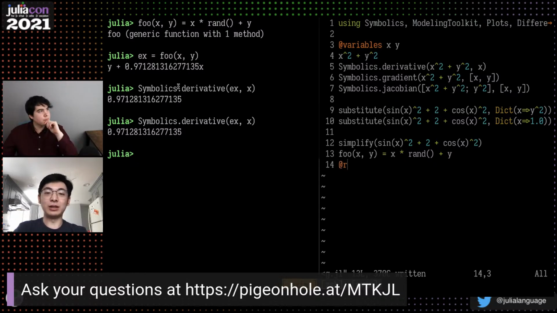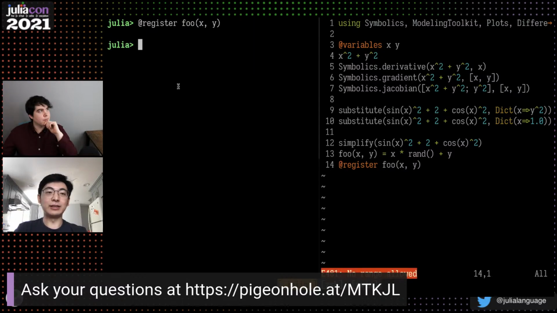So in here, you would want to use the register function from Symbolics, followed by the function signature. So this is basically a way of telling Symbolics to not trace any further.